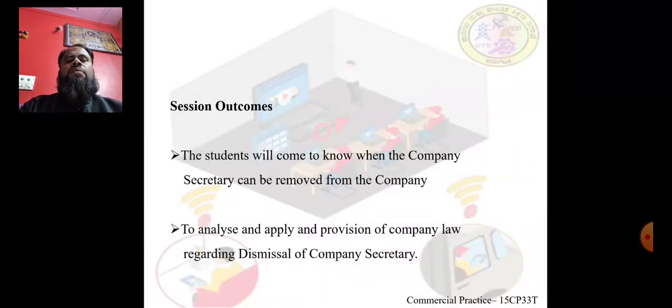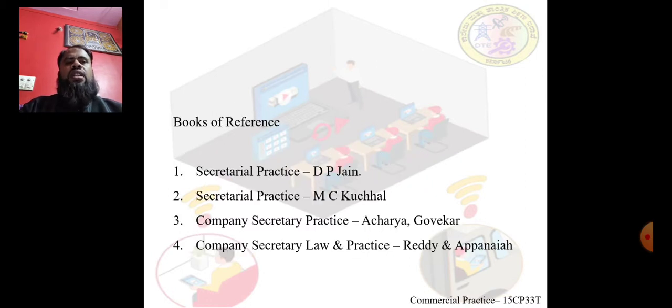Therefore, after the completion of this session, the outcomes are that students will come to know when the company secretary can be removed from the company, and to analyze and apply the provisions of company law regarding dismissal of the company secretary. Yes, these are all the session outcomes. I hope you understand this session.